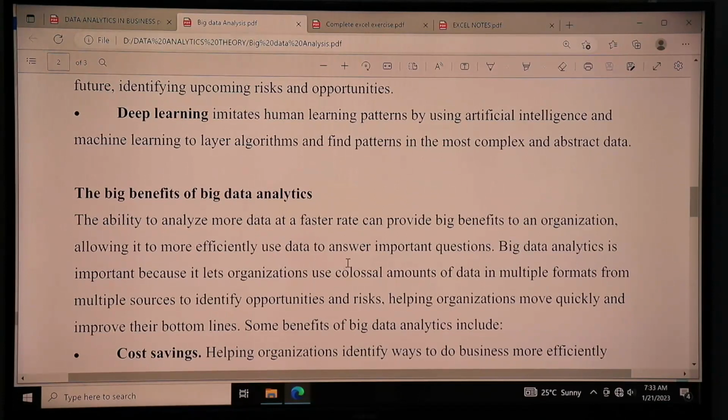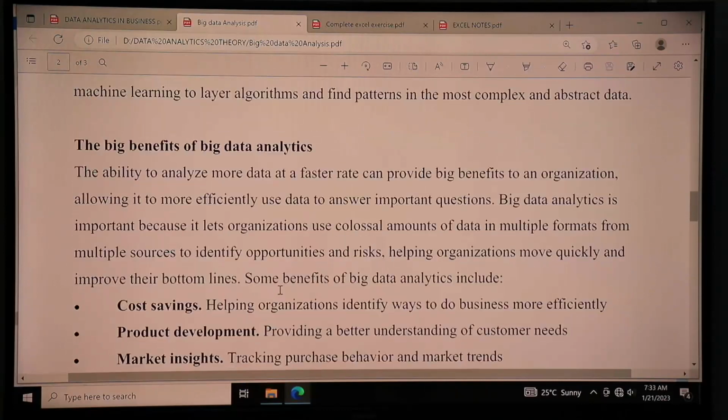So big data analytics is important because it lets organizations use a large amount of data in multiple formats from multiple sources. One benefit is cost effectiveness.